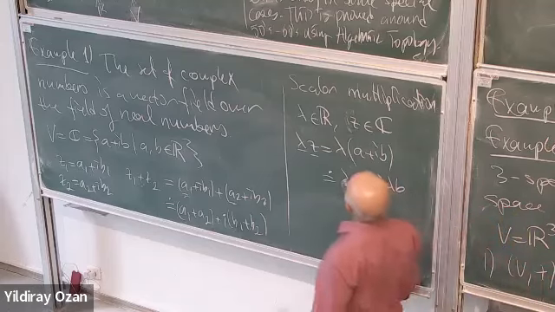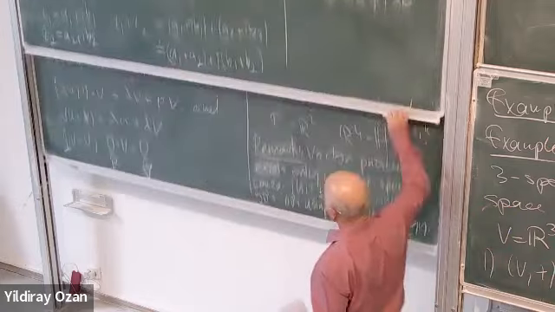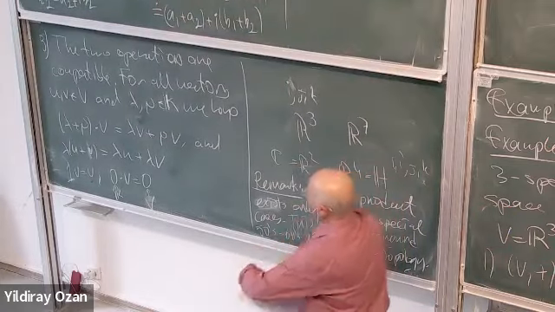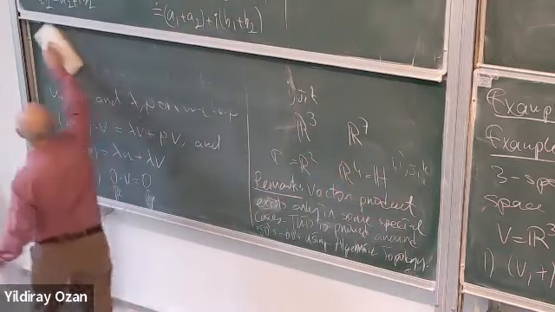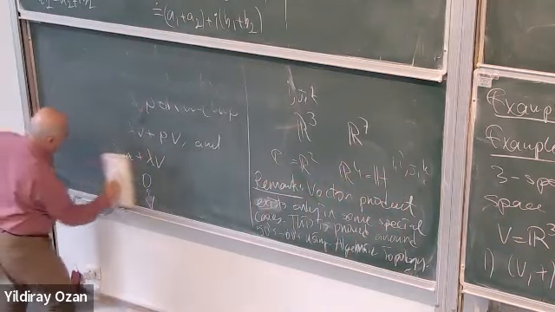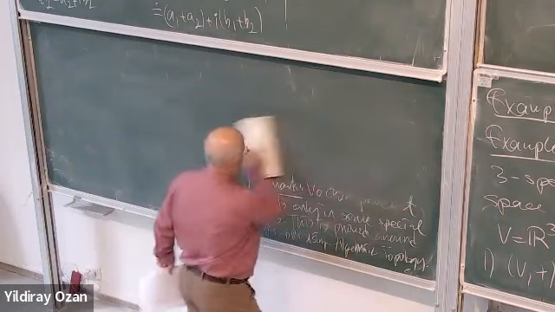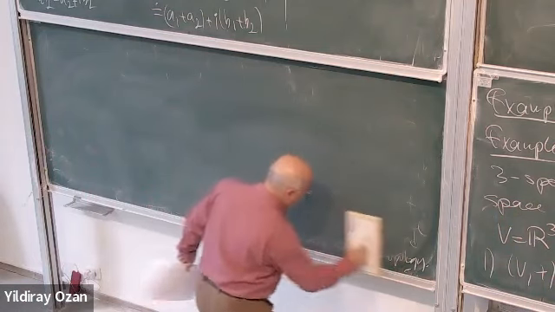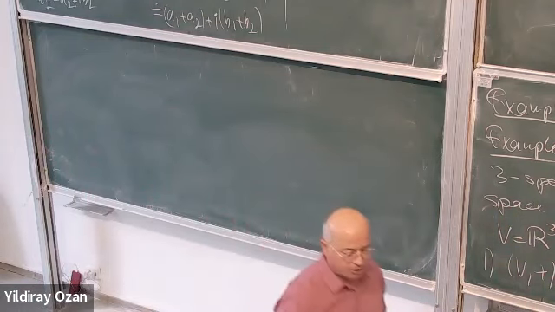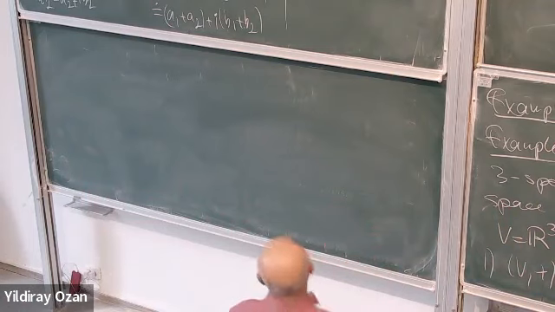Okay. Now we have to check all the properties for being a vector space. What are they? So complex numbers with the addition should be an abelian group.